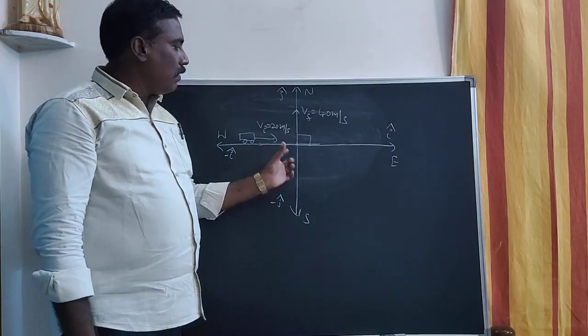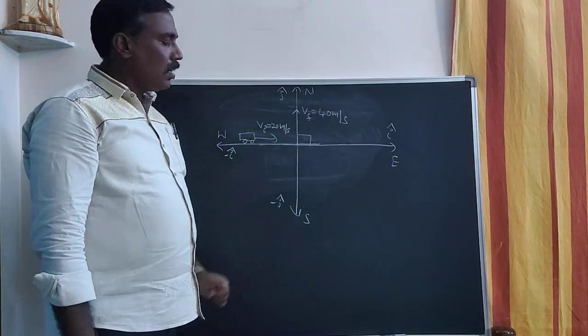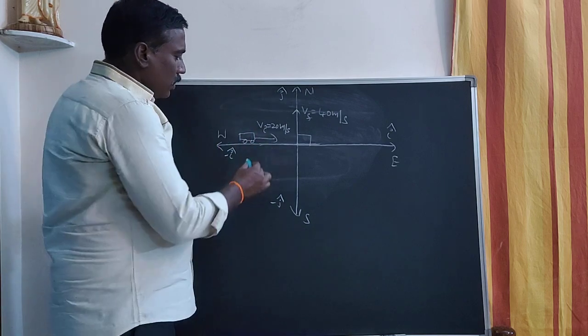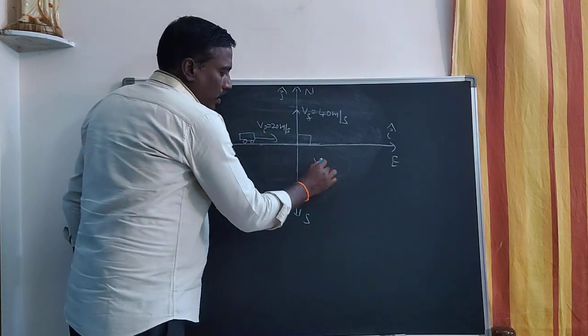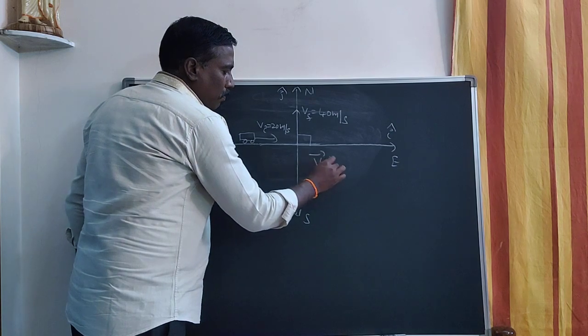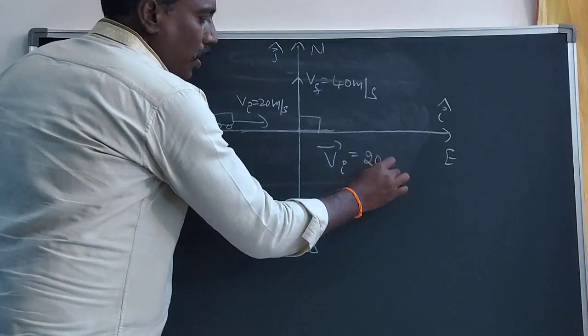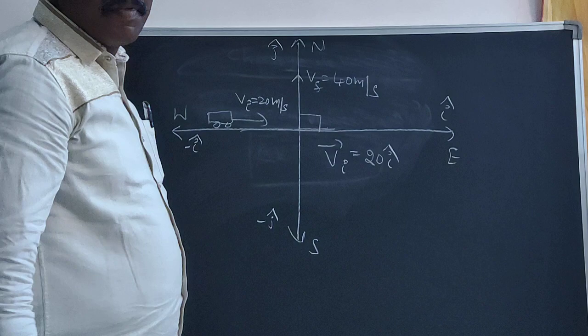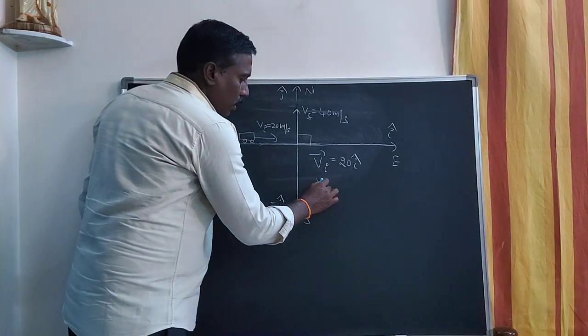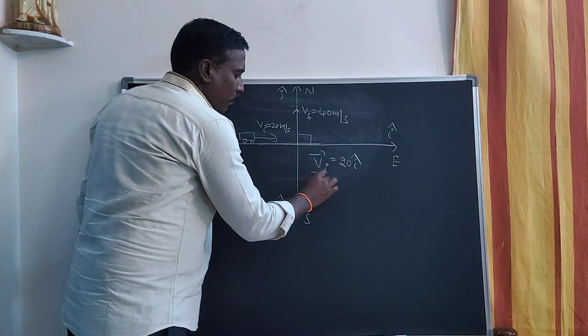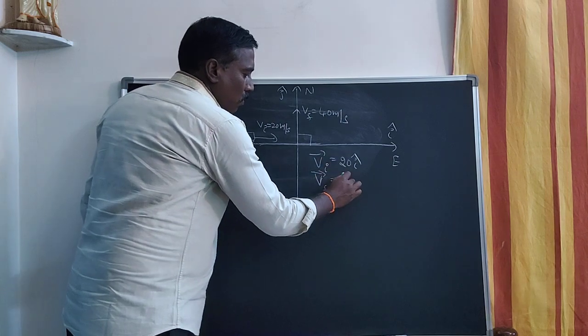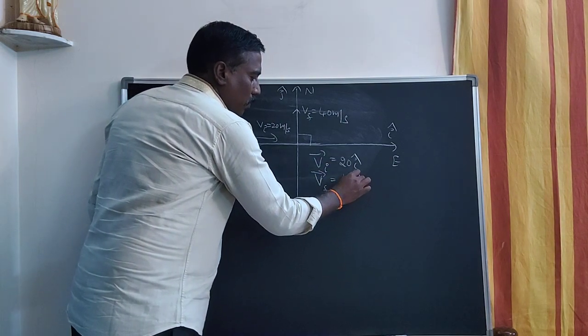What is the change in velocity of this car? Initial velocity V initial bar is equal to 20 I cap. Final velocity V final bar is equal to 40 j cap.